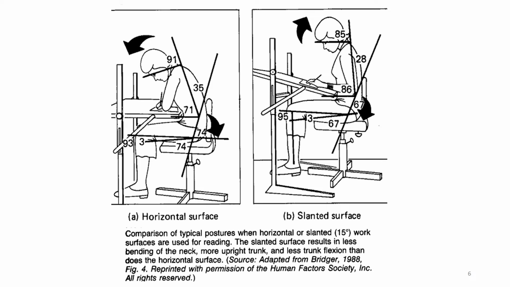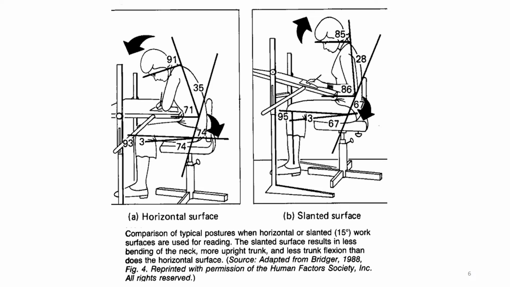Slanted surface has the ability that, depending upon the height of the individual, you can adjust the inclination, and so you need to bend your neck less, and you can have a more upright trunk position, less trunk flexion, etc. So obviously slanted work surface has better advantages than horizontal work surface.